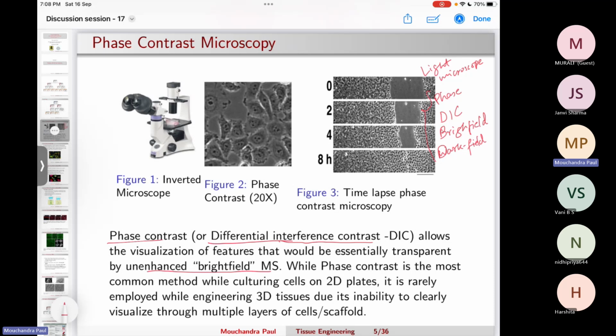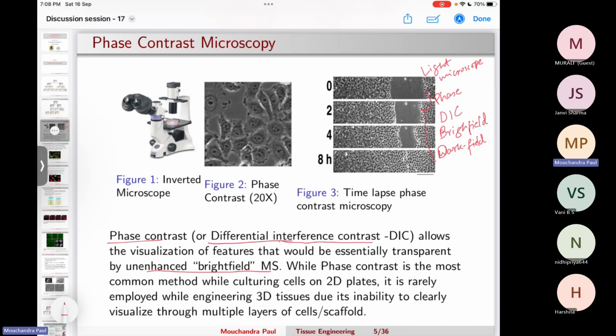So it circumvents the limitation of bright field microscopy. Whereas in dark field, in the image there's a background and the subject, that is your cells. The background is completely dark. That helps you to better visualize more features, like the boundary features of your cell.